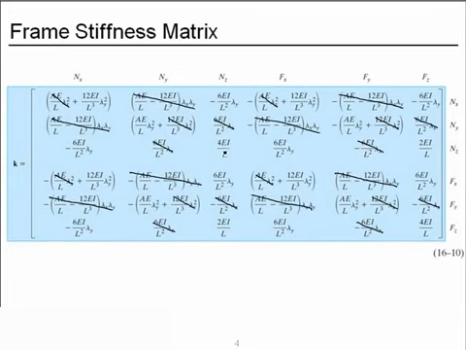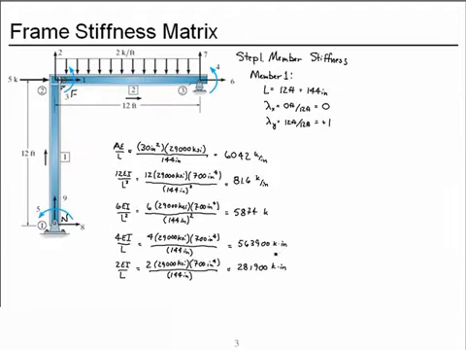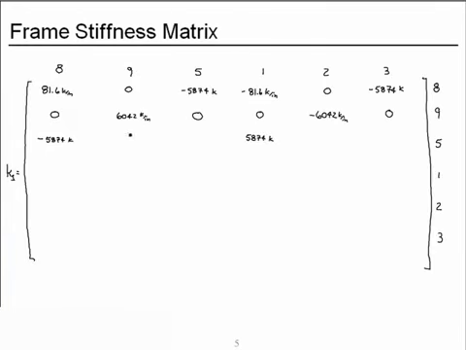Third column is 4EI over L, and the last column is 2EI over L. 4EI over L we found to be this quantity, and 2EI over L we found to be this quantity. So we have a 0, 563,900 kip inches, a 0, and a 281,900 kip inches.